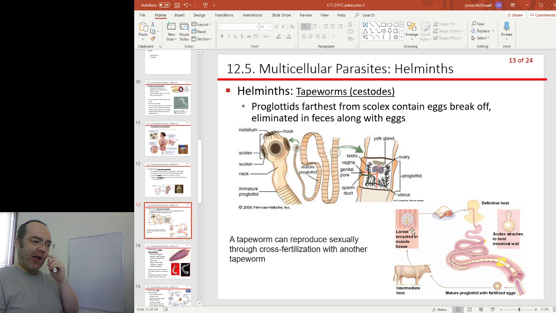The worm then implants cysts into the muscle of that animal, and then when we eat a piece of meat that has a cyst in it, particularly if that piece of meat hasn't been cooked properly, the cyst gets into our bodies, into our digestive systems, it hatches back into a new worm. And worms can live a very long time.